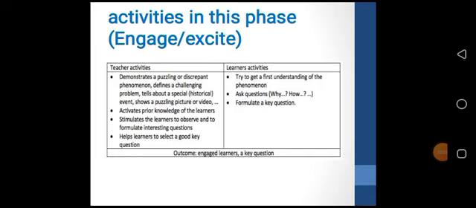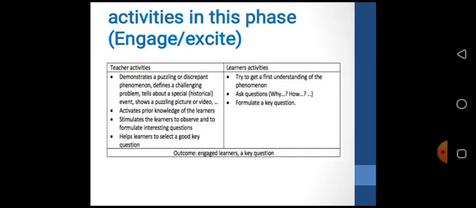Teacher activities: demonstrate puzzling or discrepant phenomena, define a challenging problem, tell about a special historical event, show a puzzling picture or video, activate prior knowledge of the learners, stimulate the learners to observe and to formulate interesting questions, and help learners to select good key questions.